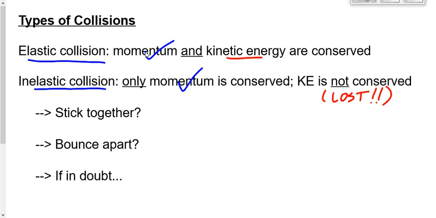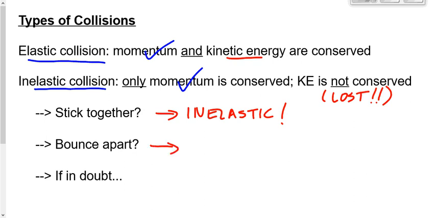So if object number one hits object number two, there's Velcro, whatever, they entangle, they go off as one, kinetic energy will be lost. This will be inelastic, 100% for sure. Every single time, kinetic energy will be lost. We don't even need to calculate it. If you calculated it, you would find the final kinetic energy is less than the initial kinetic energy.